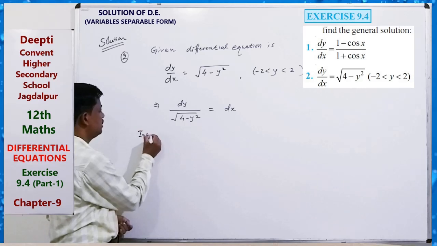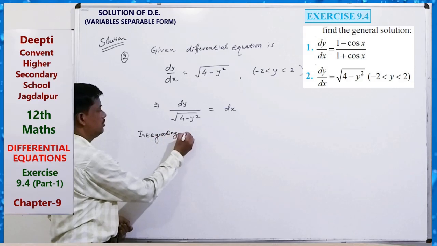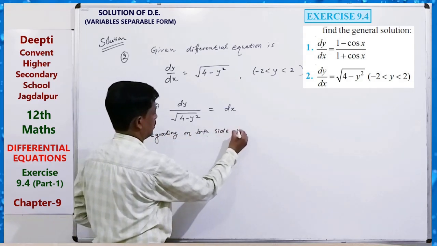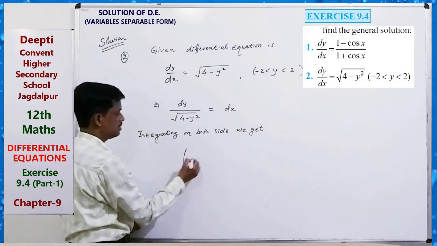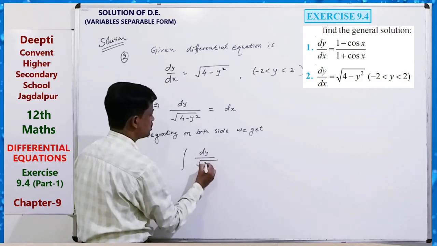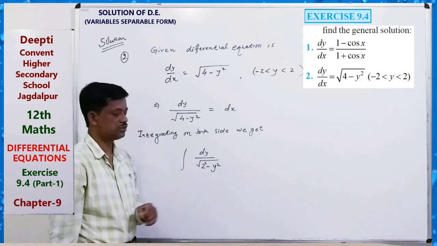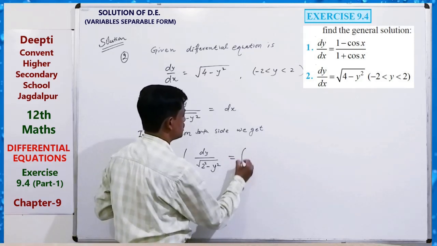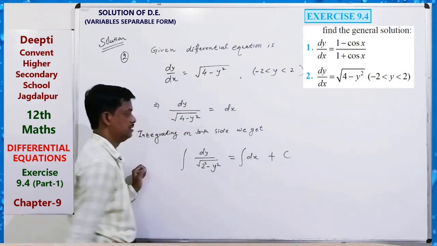Integrating on both sides, we get the integration of dy upon root of 2 square minus y square equals the integration of dx and add a constant c.